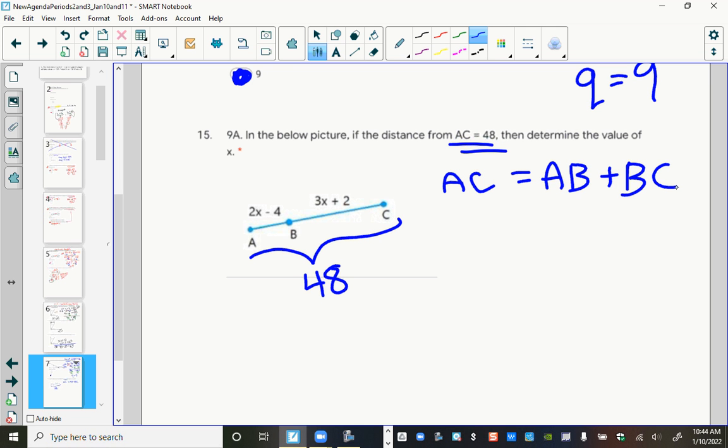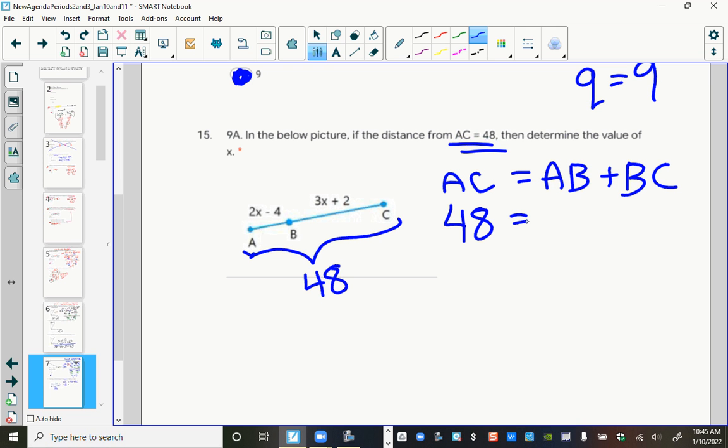Once you get that step, then we say, okay, AC, we found out right away was how much? What was the grand total, from A all the way to C? 48. Then from there, what do we know? Do we know exactly what AB is yet?